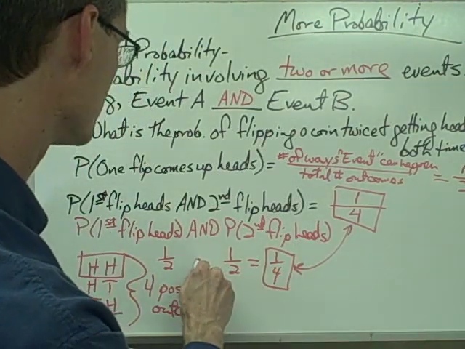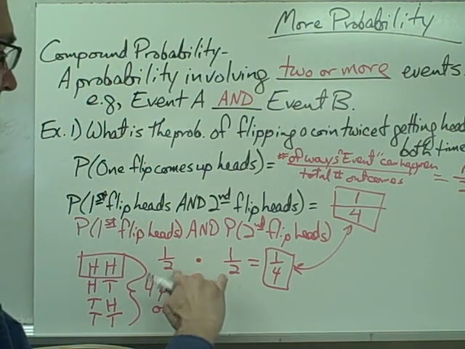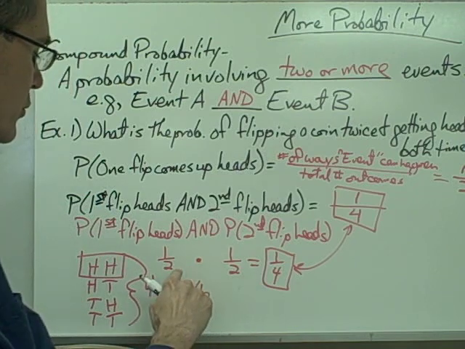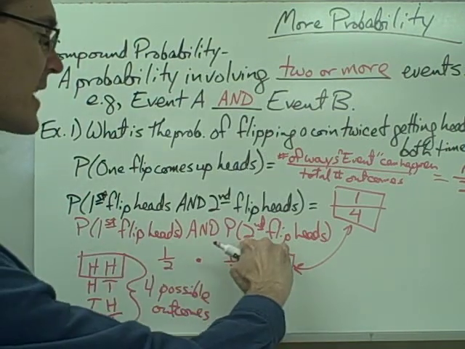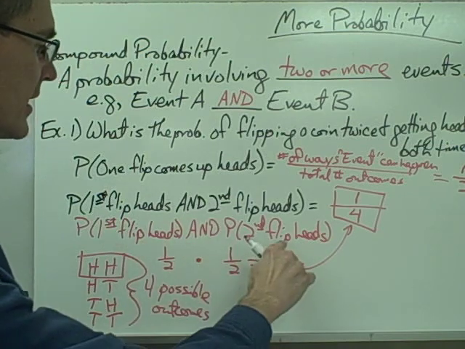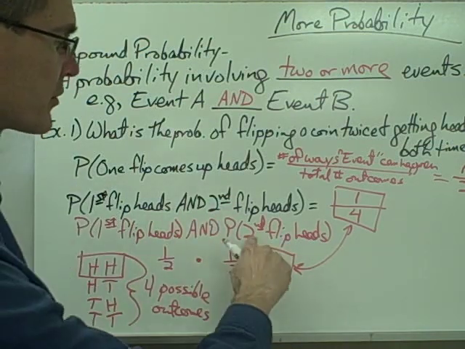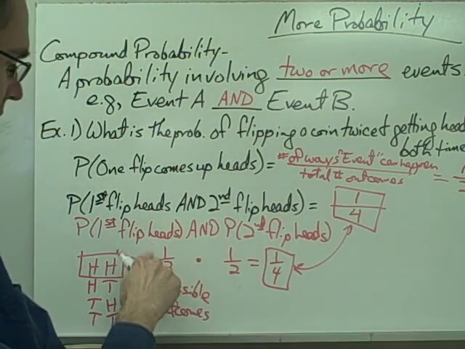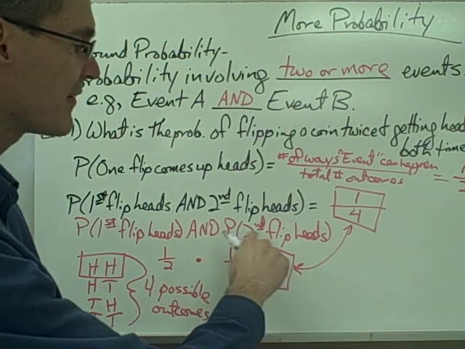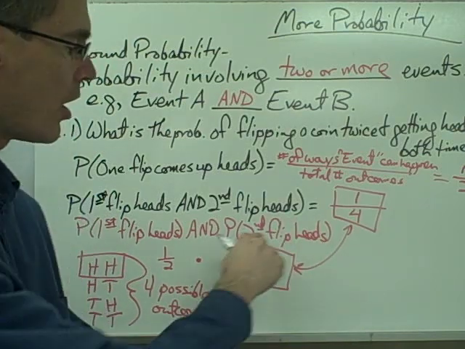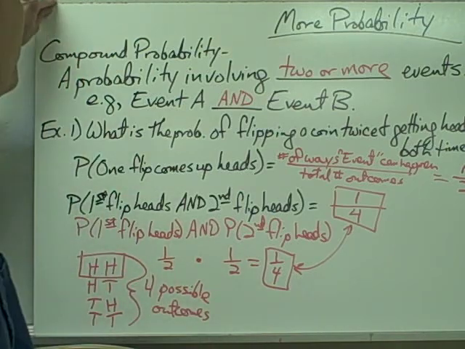This is something called the multiplication rule. And notice that this is going to be important when we're using the multiplication rule: neither one of these two events, this first coin flip and the second coin flip, has any effect on the other one. In particular, whatever I get on my first coin flip doesn't have any impact at all on this second coin flip. That's what we call independent events.